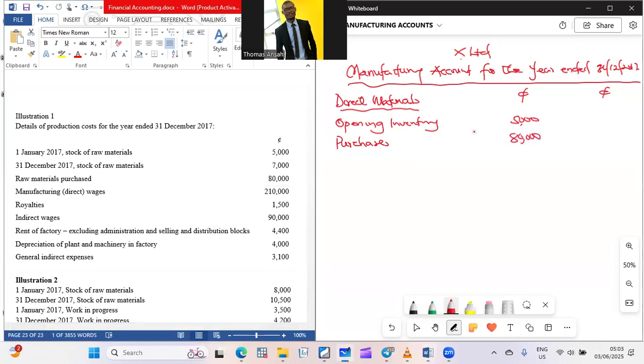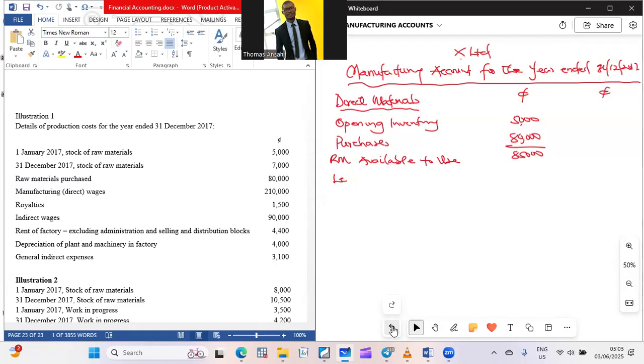Is there any carriage inwards, return outwards of raw material, or any drawings of raw material? We seem not to have that. All right, so 85,000 is our raw materials available for use, or available for production, whichever way you want to call it. Then we deduct the closing stock of raw materials.